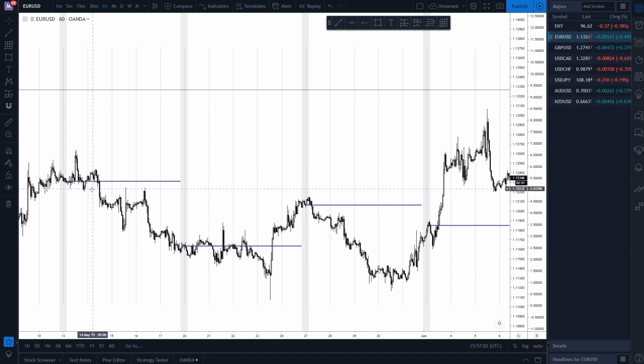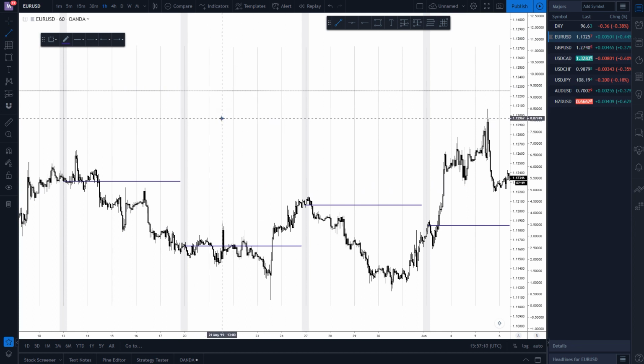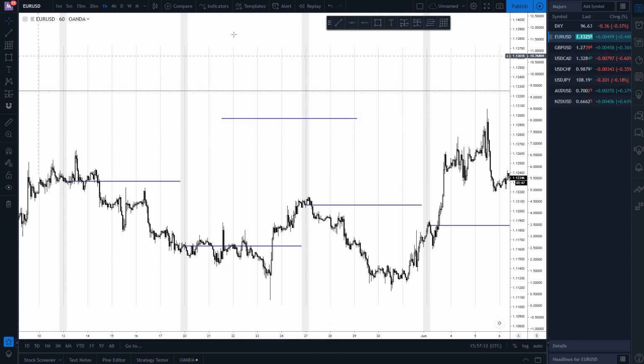So a very basic example of the weekly open strategy. Once again, the purple line, or whatever line you use, is your weekly open.